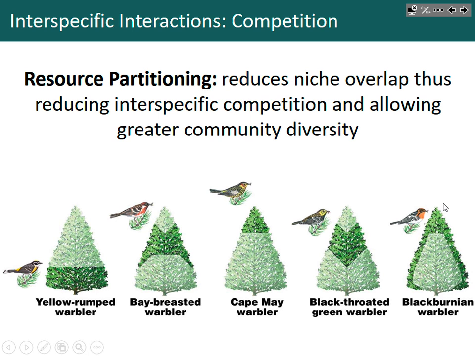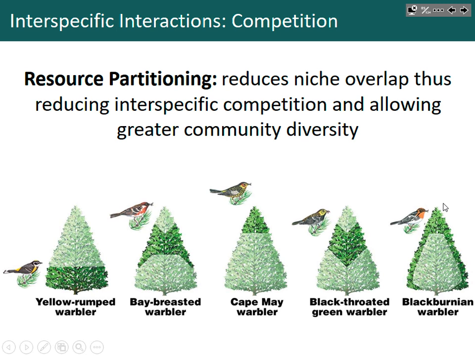Basically what he did is he went out and watched warblers feed in the forest, and he timed with a stopwatch how much time each species spent feeding, and he recorded where in the tree they were feeding. And what he found is that they reduced their overlap in their niches and gave themselves some relief so that they can coexist by specializing in different portions of the tree.